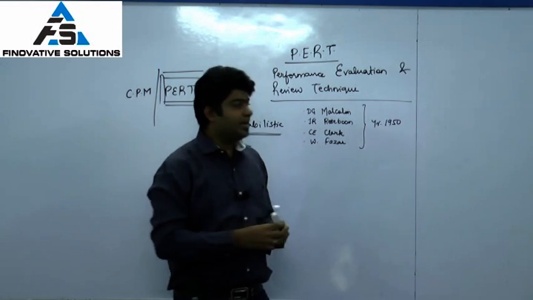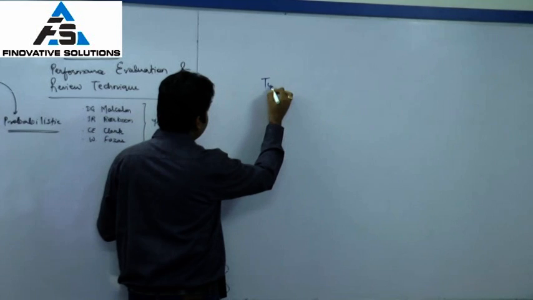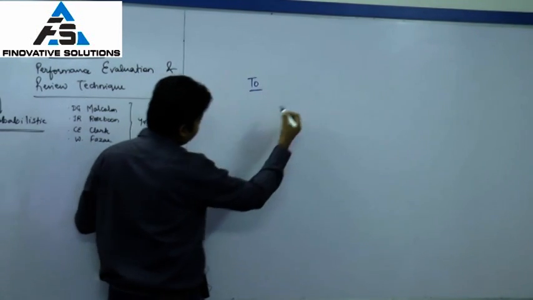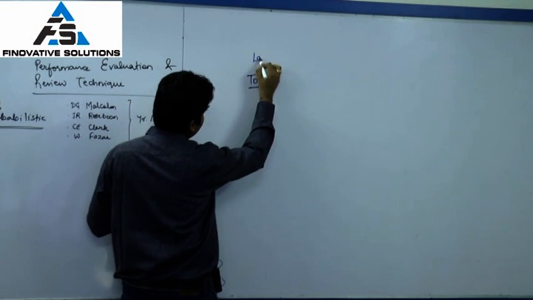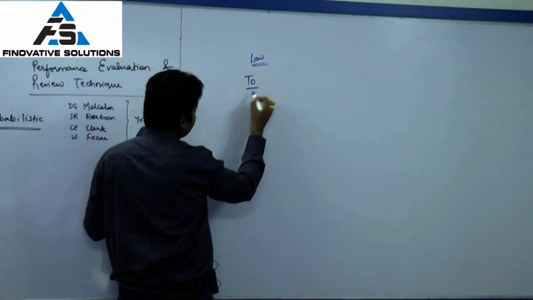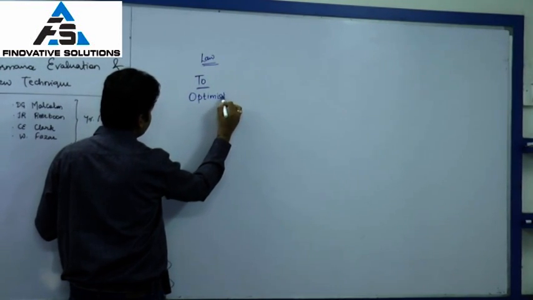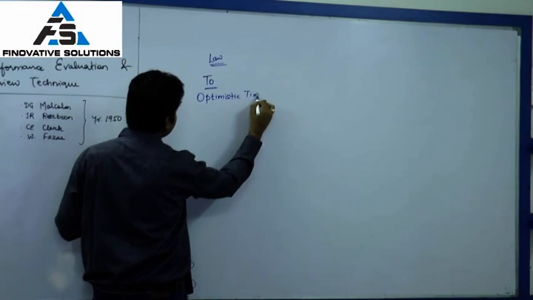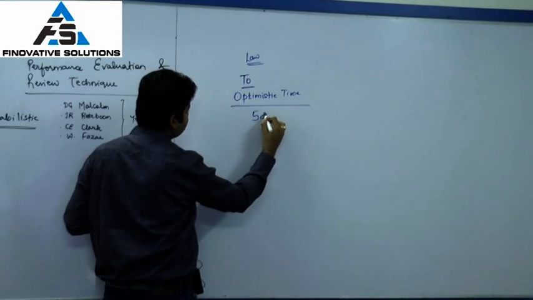So for completing law, I have 3 time estimates based on my assumptions. Law as a subject can be completed in TO, also called the optimistic time. So optimistically, I will complete the whole subject in 5 days.